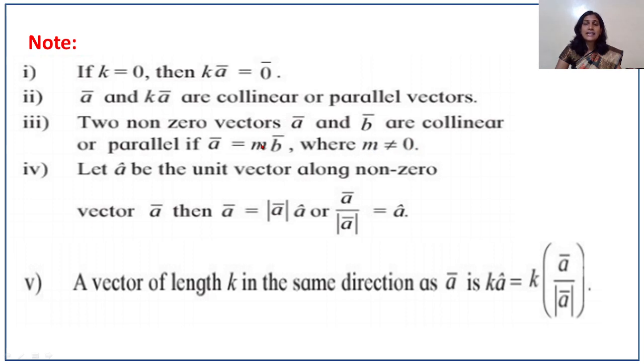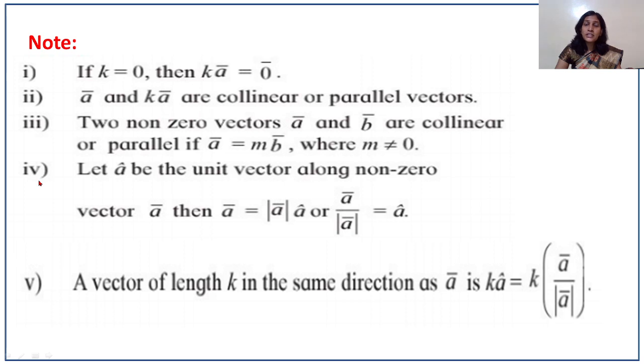This is also an important property: a bar is equal to m b bar. If one vector is equal to a scalar times another vector, then these two vectors are collinear or parallel vectors. Remember this is a very important property.